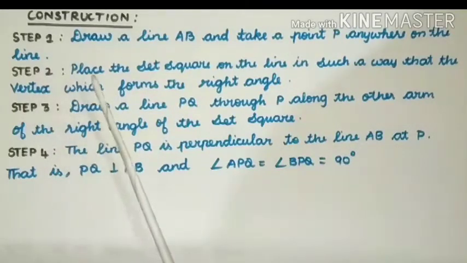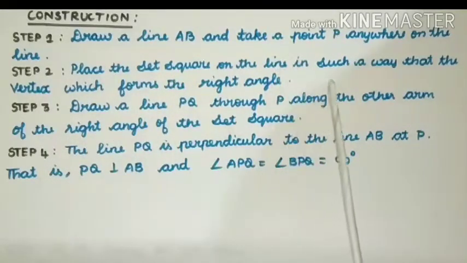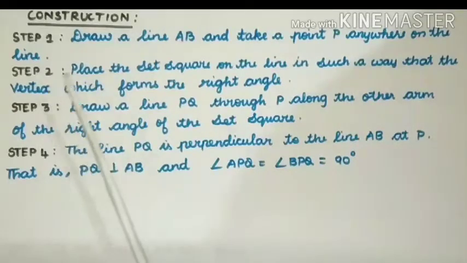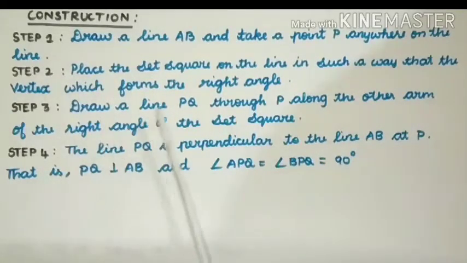Step 2, place the set square on the line in such a way that the vertex which forms the right angle is at P. Step 3, draw a line PQ through P along the other arm of the right angle of the set square. Step 4, the line PQ is perpendicular to the line AB at P. That is, PQ is perpendicular to AB and the angle APQ is equal to BPQ is equal to 90 degrees.